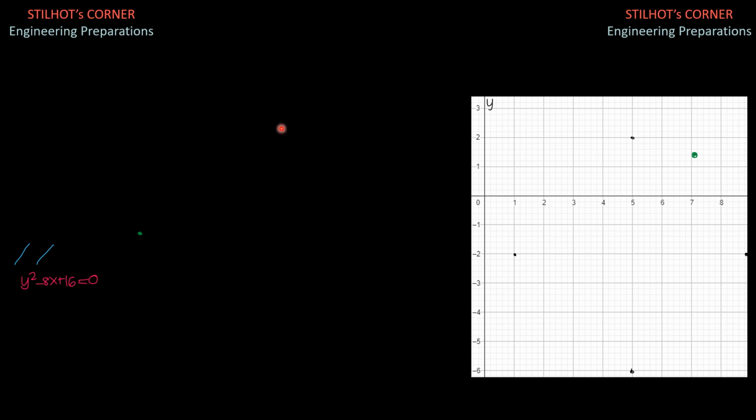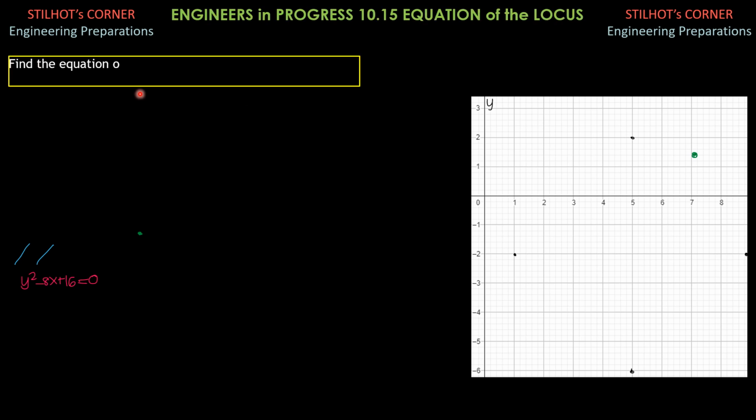Allow me to present the solution with less animation so that I can discuss these four problems in just a considerable number of minutes. So here we go. Find the equation of the set of all points equally distant from the y-axis and (4, 0). So this is problem 44.